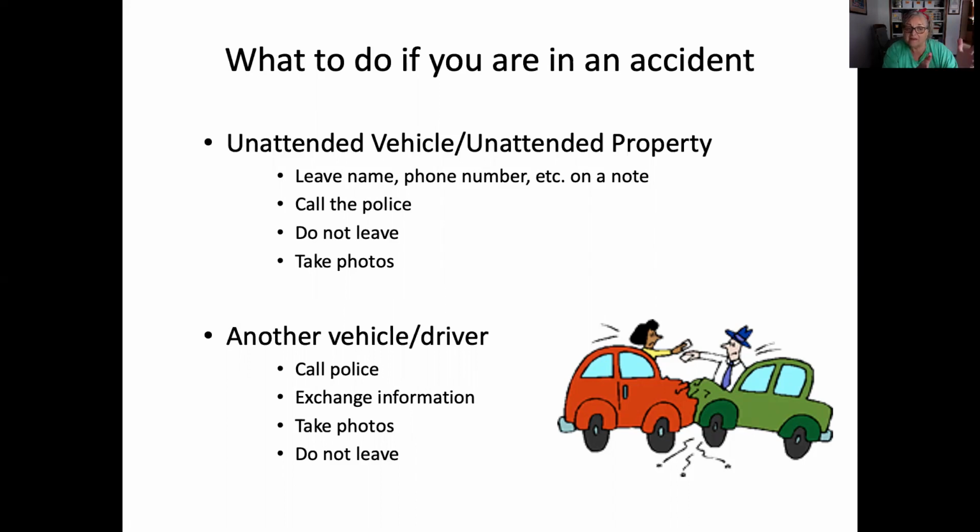If it's a vehicle, you need to leave a note under the windshield wiper. You need to call the police. Don't leave until you have talked to the police, and take photos of any damage.